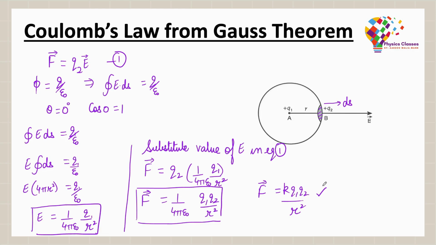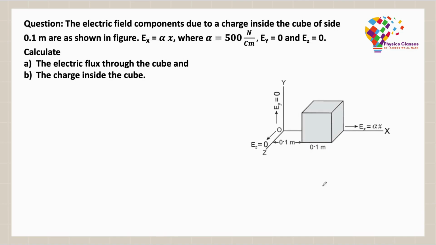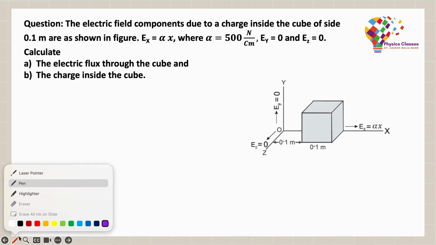Now, further talking about the electric field and the Gauss law, we will try to solve one particular question based on the Gauss law. And let's just quickly look at the question. The electric field components due to a charge inside the cube of side 0.1 meter are as shown in the figure.